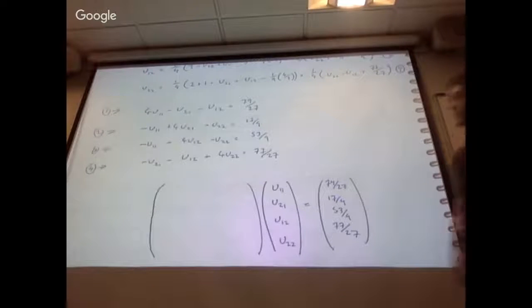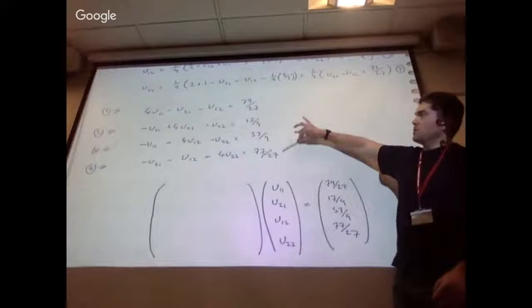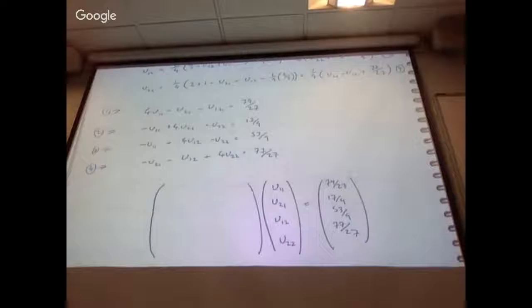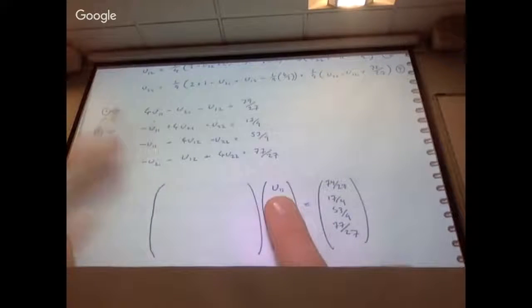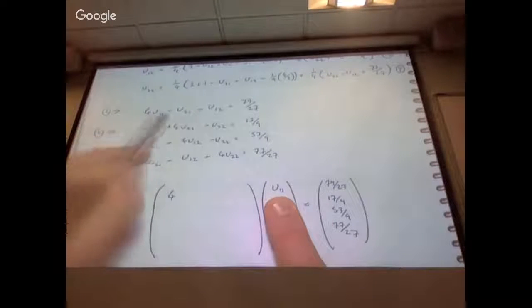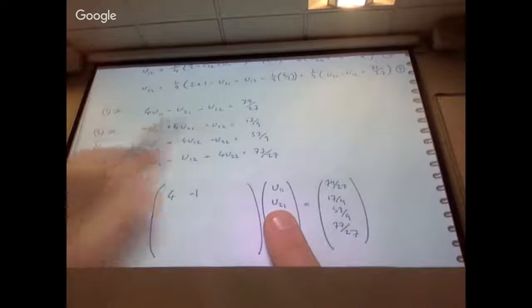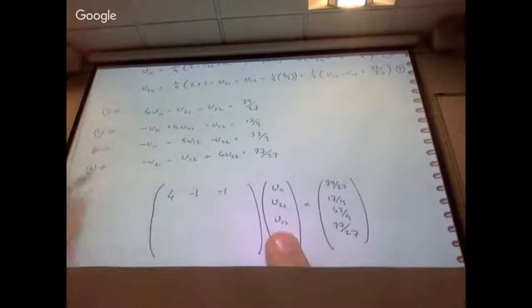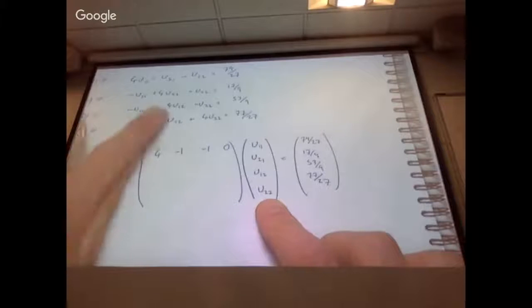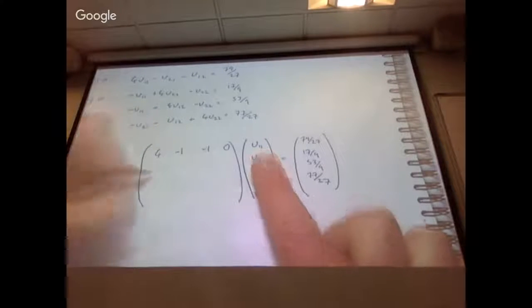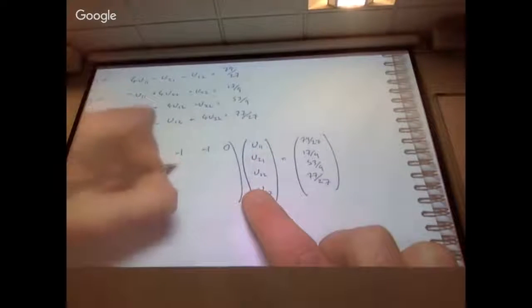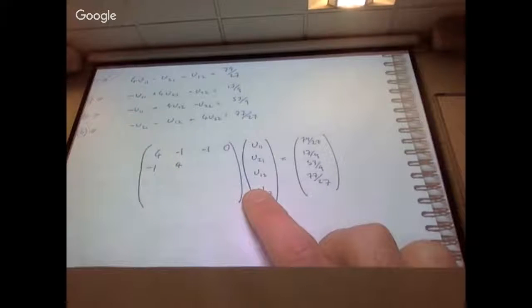And in the coefficient matrix, I'm going to write down each equation now. The first equation is 4 lots of U11 minus 1 lot of U21 minus 1 lot of U12, and I don't have any U22. Okay, the second one, I've got minus 1 of U11 plus 4 of U21.